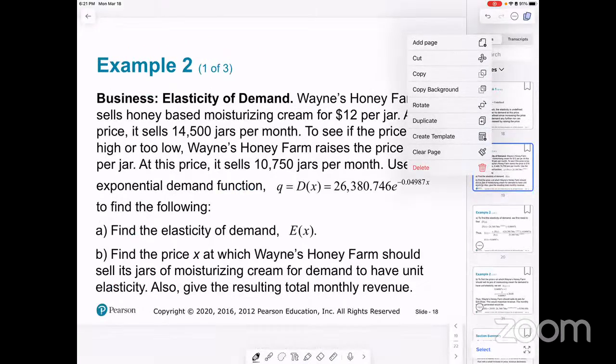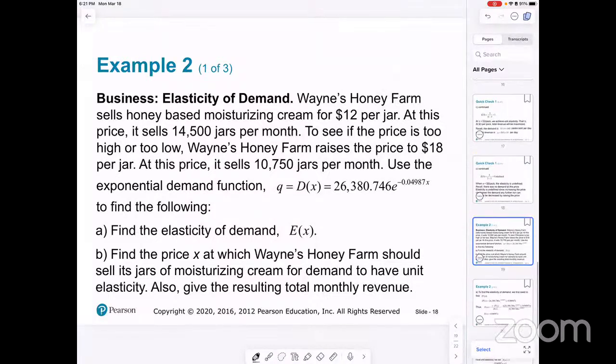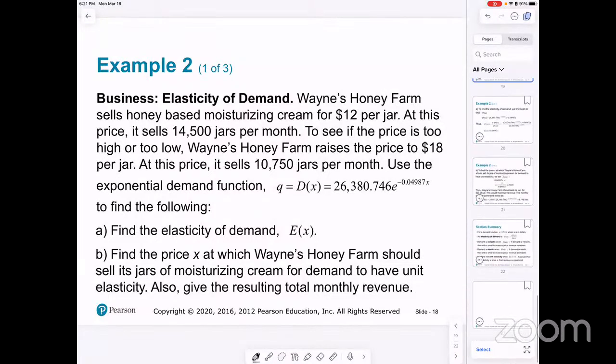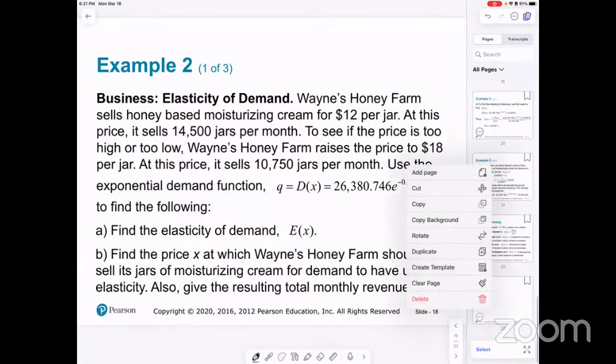Same thing like we did in the last example, just with a slightly more challenging function. Let me get a copy of this other one. I have one at the end. This is slide 19.